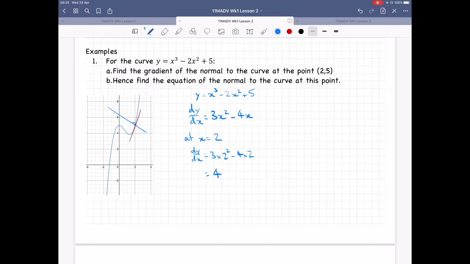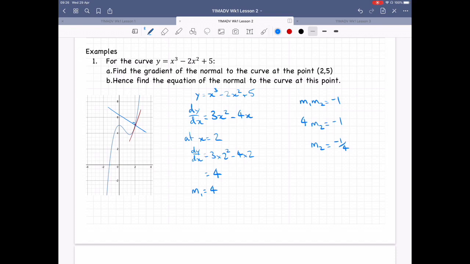So our gradient of the tangent, m1, is equal to 4, which means our gradient of the normal, m2, needs to be the figure that will give us -1 as the product. So we know that 4 m2 is going to be equal to -1, so our gradient of the normal has to be -1/4.